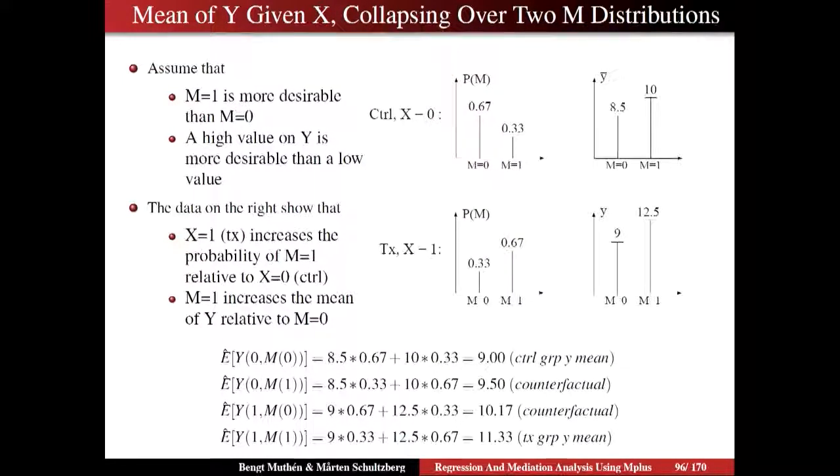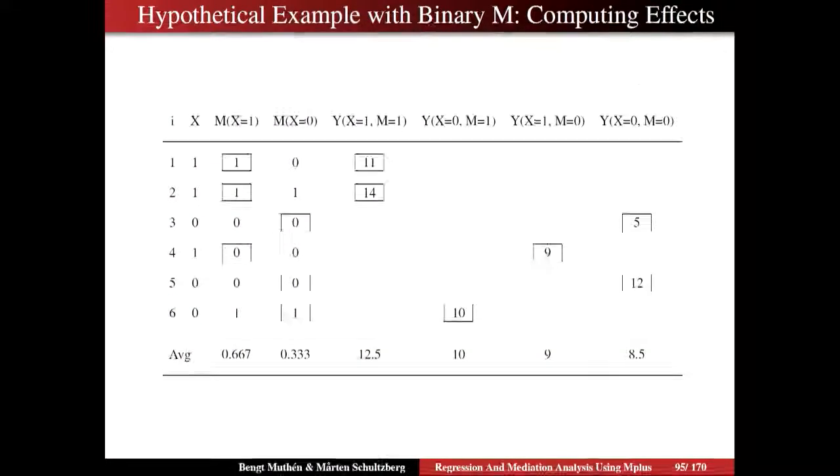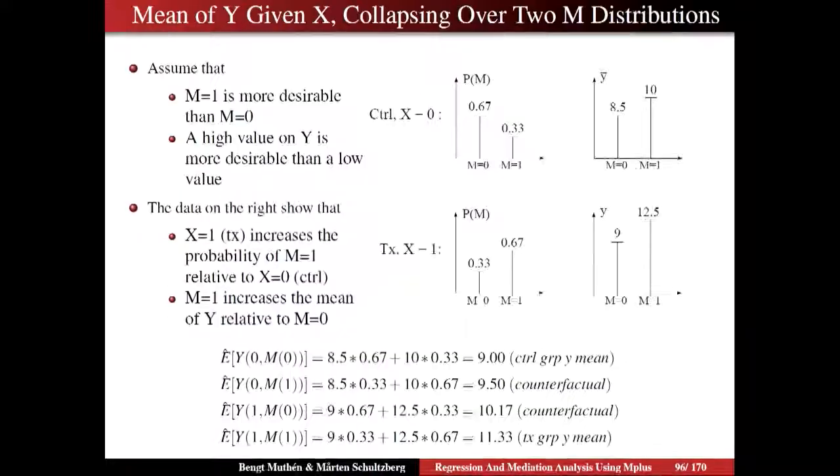So the probability for m, say, is 0.67 for m equals 0, and 0.33 for m equals 1. Those were the values that we got out of this figure, right? 0.67, 0.33. That's the distribution of m under the control.